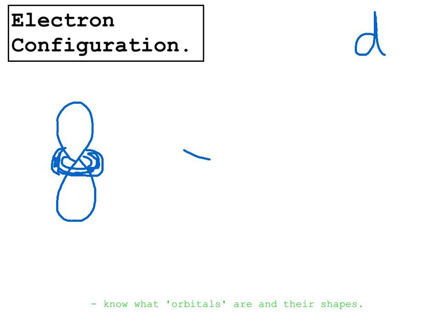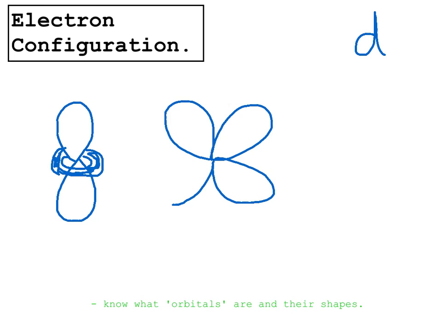And then the other 4 look like this, but are different alignments around the nucleus. For example, you'll get 1 in the xy plane, 1 in the xz plane, and so on. So it totals 5 different orbitals, but those are the 2 basic shapes for d orbitals. There's 1 that is this shape, and the other 4 are this shape.